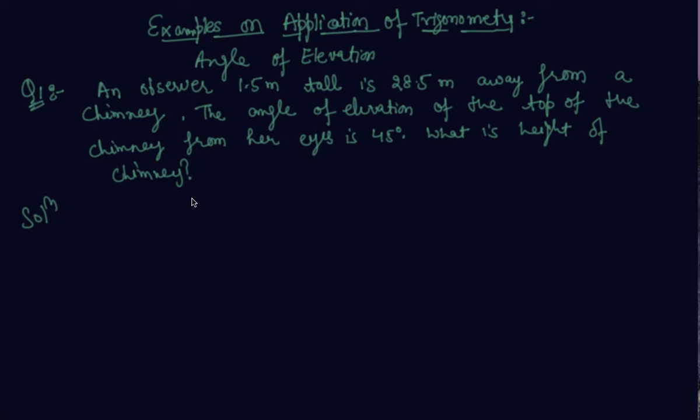So students, here is the question in which it is given that an observer, a person of height 1.5 meter tall, is 28.5 meter away from a chimney. Let me draw one chimney, and the foot of the person is 28.5 meter away from the chimney.